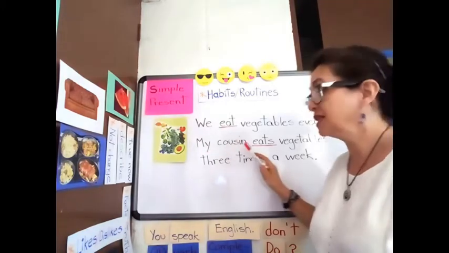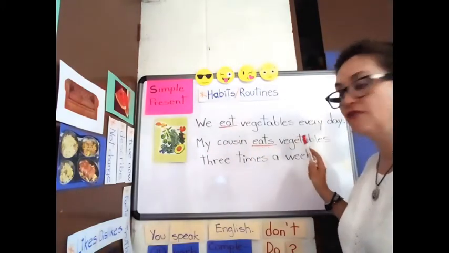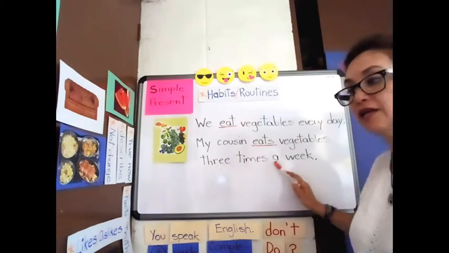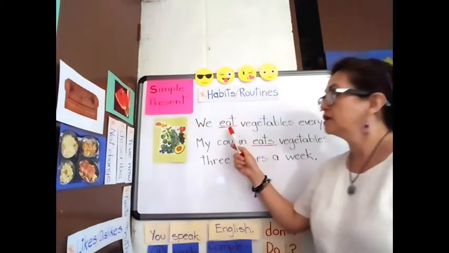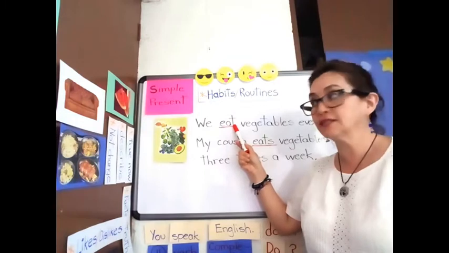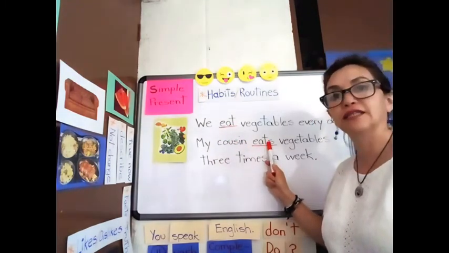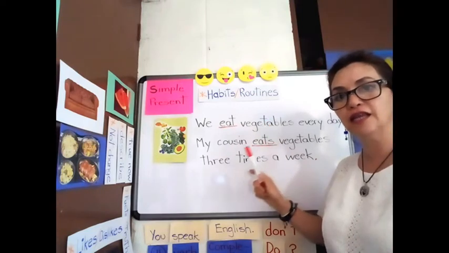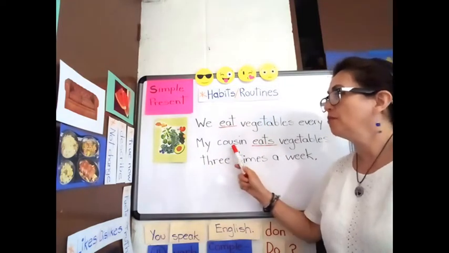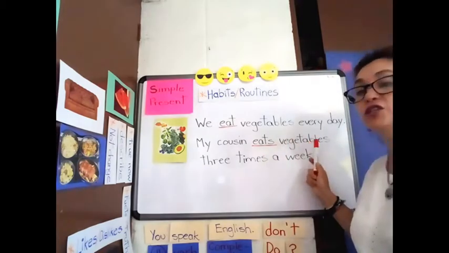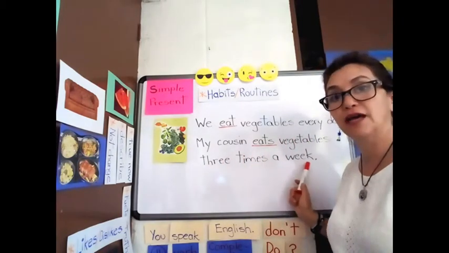My cousin eats vegetables 3 times a week. See the verb, base form, eat, we eat, and my cousin eats, eat, eats. Let's read the sentence again. My cousin eats vegetables 3 times a week.